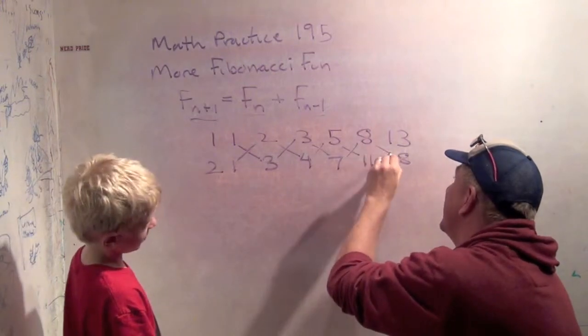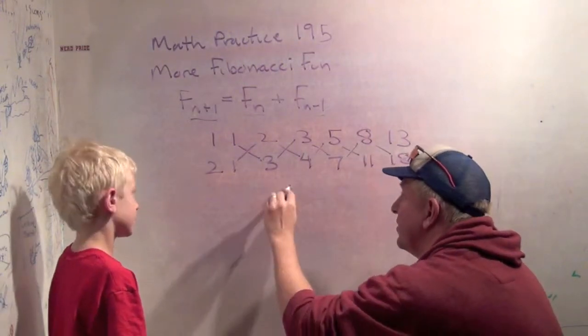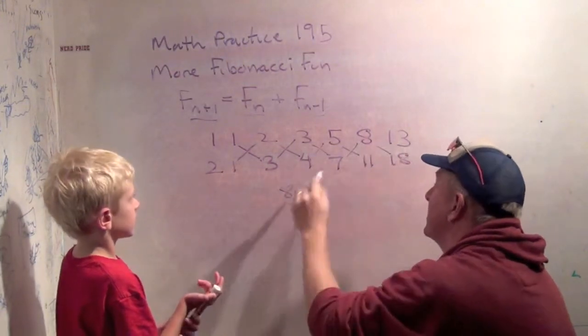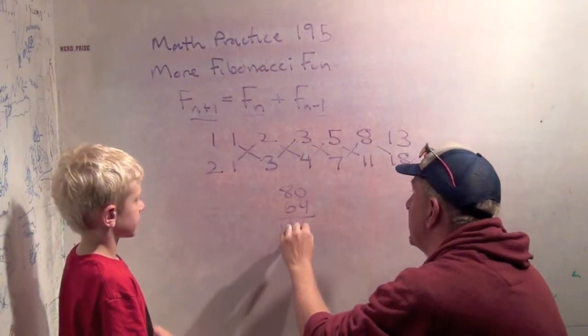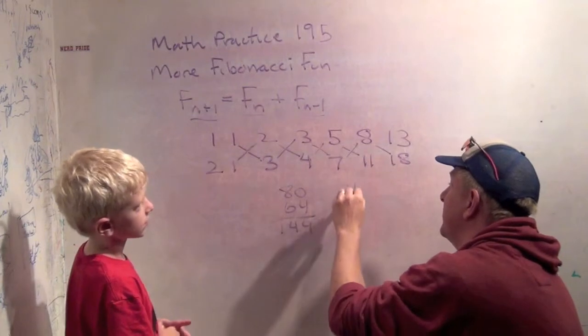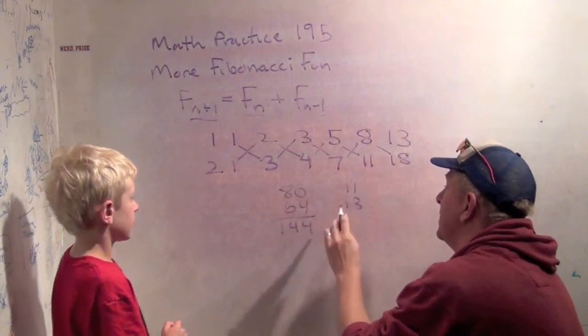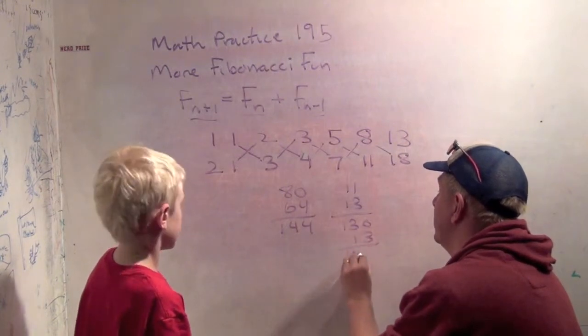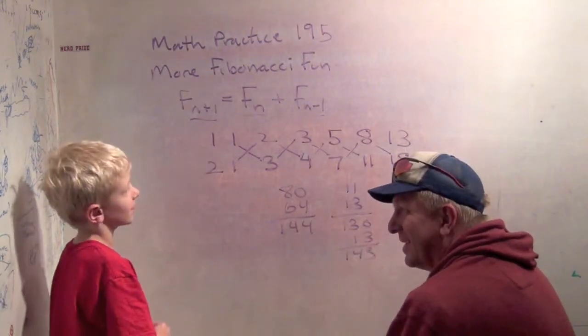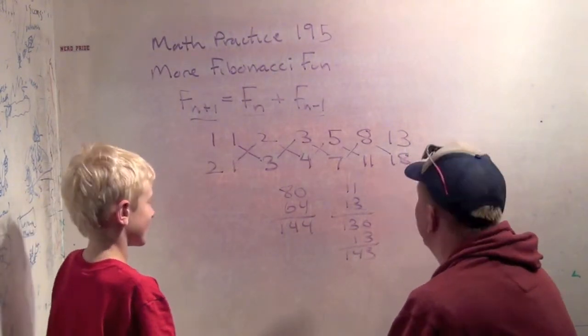Cool. 8 times 18 is 144, and 8 times 8 is 64. And then 11 times 13 is 130 plus 13, which is 143. Hey, 1. That's pretty neat.